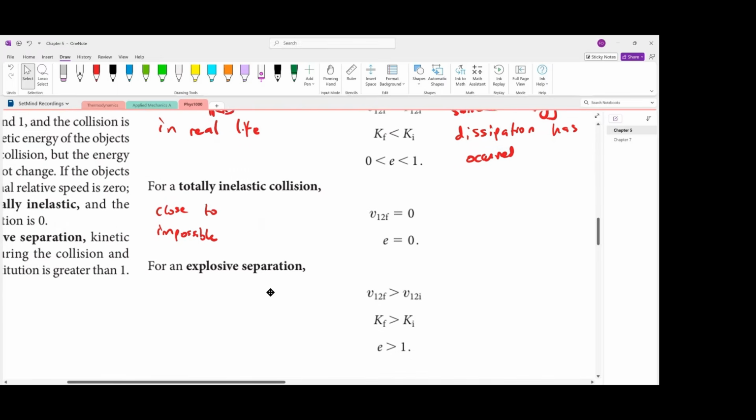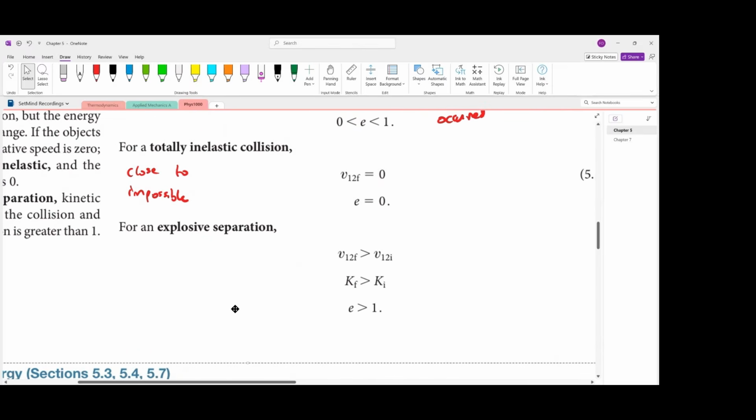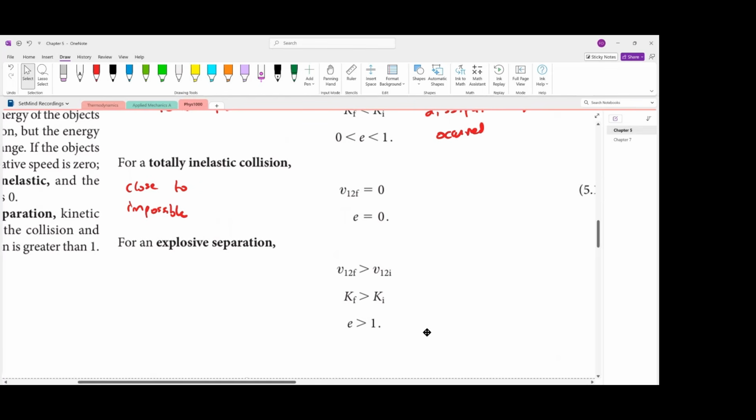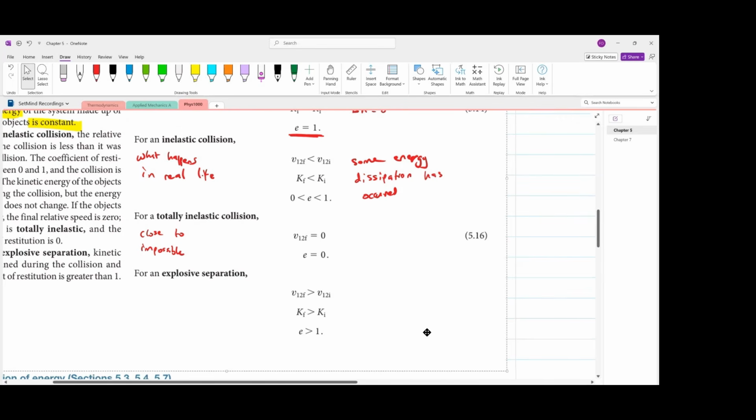And then the final thing we have is an explosive separation, right? And this is where your coefficient of restitution is greater than 1, because actually your kinetic energy increased and your final relative velocity was greater than the initial one, right? And this is very possible, but it is almost like the opposite of inelastic, right?